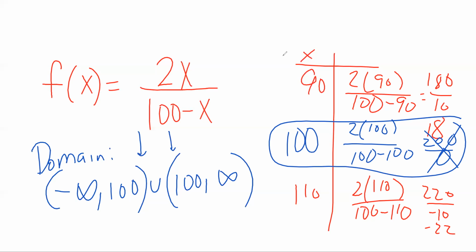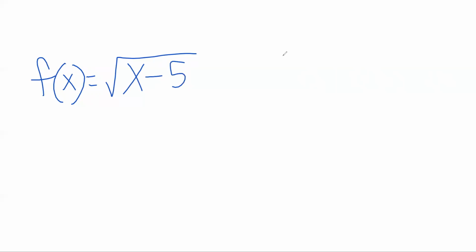Another example you're going to see in this class is the situation involving a square root function. We don't do square root functions a whole lot in 1324, but they are quite common in business math and business calc.